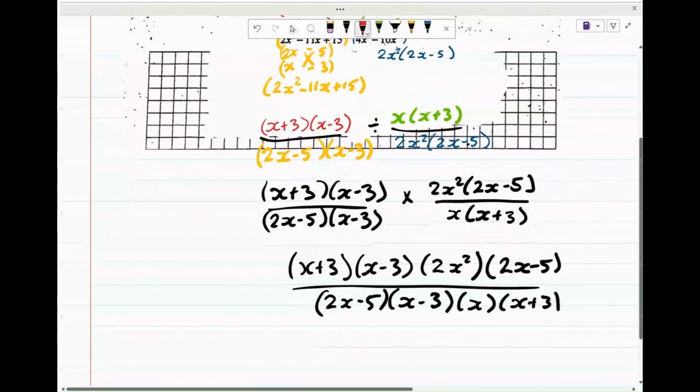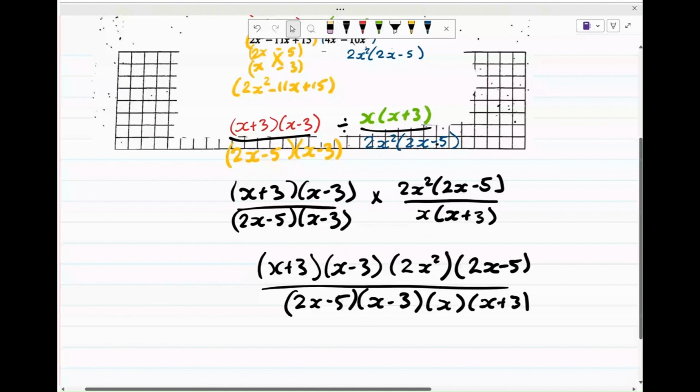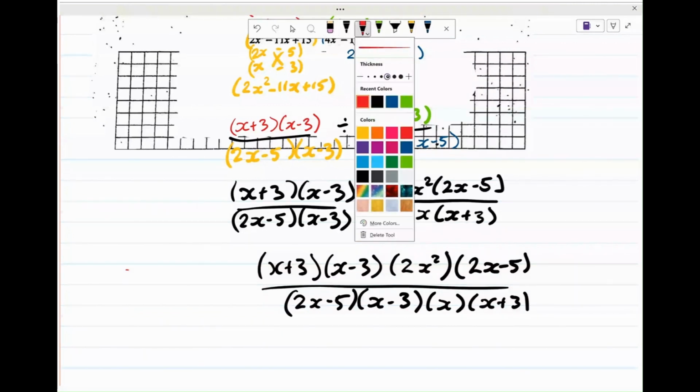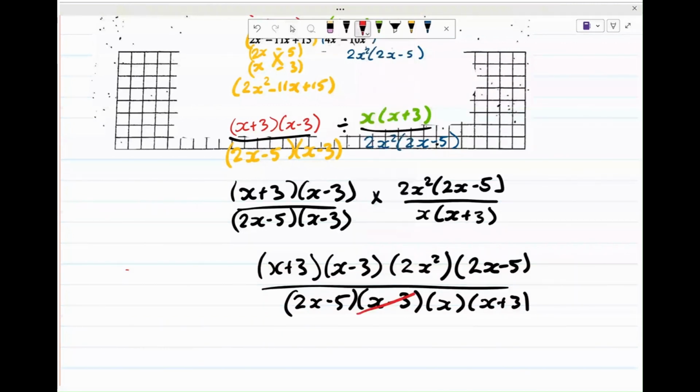So now, like I was saying before, you can go ahead and cancel things. Anything divided by itself is just 1. So 5 over 5 is just 1, and that's the same for 2x minus 5 over 2x minus 5. That's equal to 1 as well. So knowing that, we can cancel some of the terms above and below. You see here we have an x plus 3 and an x plus 3. Those can go.